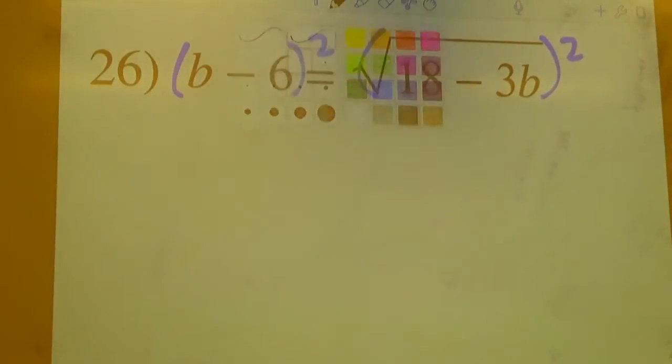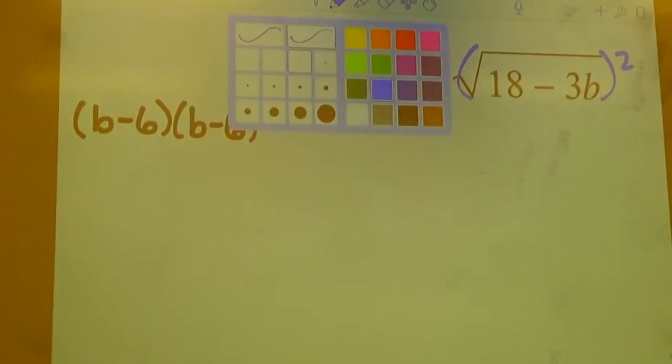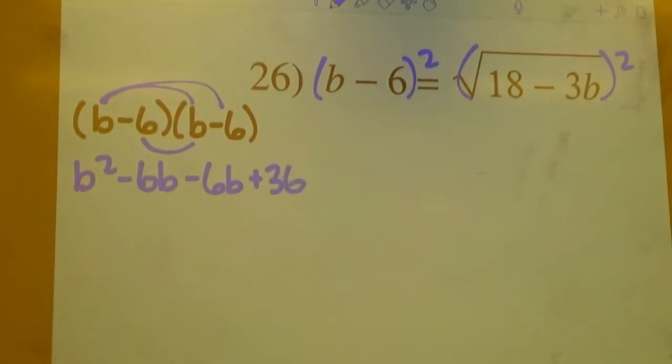What do I have to do first again? You got to FOIL. So I'm going to make some room. I'm going to have b minus 6 times b minus 6. That's going to be b squared, then b times negative 6 is minus 6b, minus 6b, plus 36.